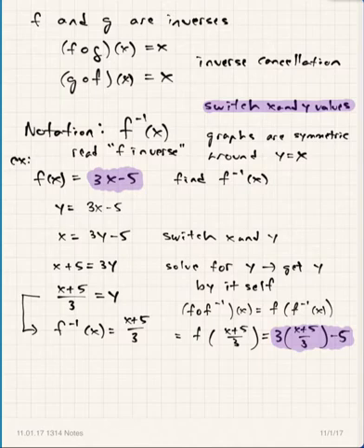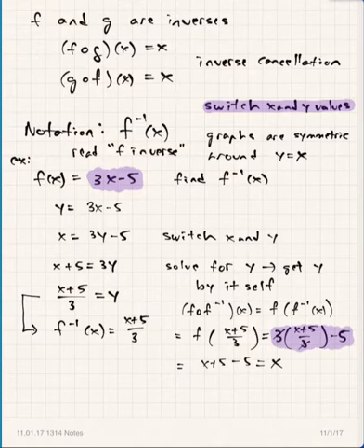So in place of the x, I put x plus 5 over 3. And then notice in the arithmetic, the 3's divide out, and you have x plus 5 minus 5, which sure enough is equal to x. Now you have to show the composition the other way, which I'm not going to do here, but this certainly gives us a pretty good idea that we've got the right inverse function here.